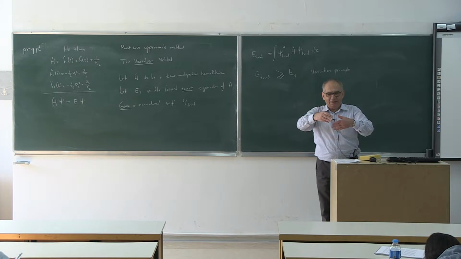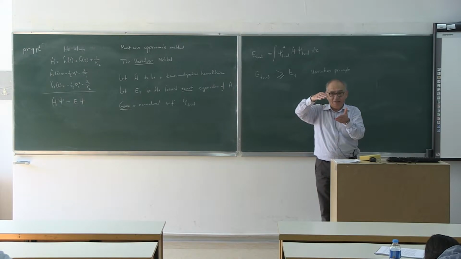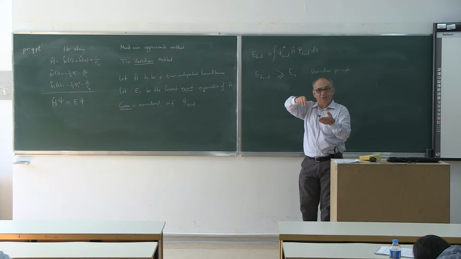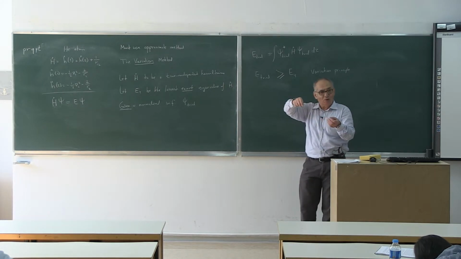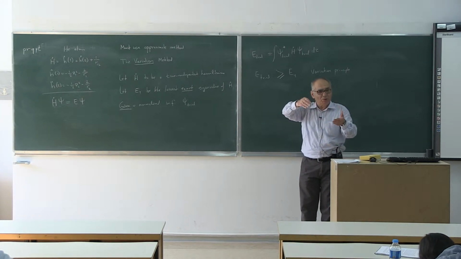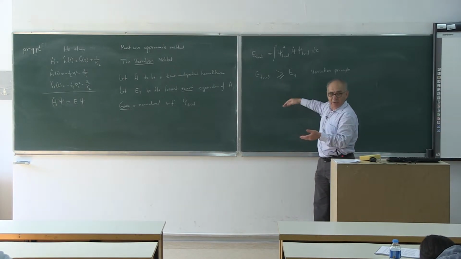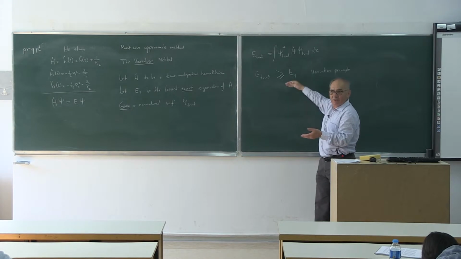And we try to do it in a systematic way. We introduce parameters like coefficients, which are initially unknown coefficients, and then we minimize the E trial with respect to these parameters, because we know that whatever we do, we will never go below E1. We are going to stay above E1 all the time.